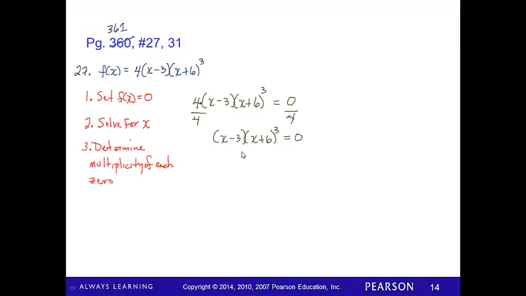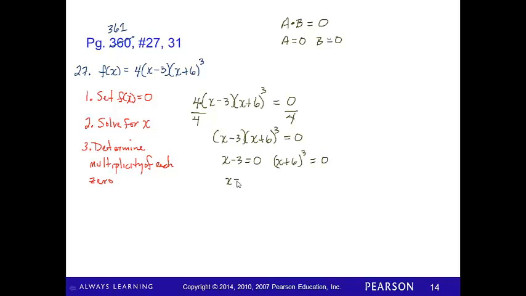And then we need to solve for x still. So remember, the rule was when you have two things multiplied together and they equal 0, then you set both things equal to 0. Well, here we're saying x minus 3 times x plus 6 to the third power equals 0. So we have x minus 3 equals 0, and x plus 6 raised to the third power equals 0.